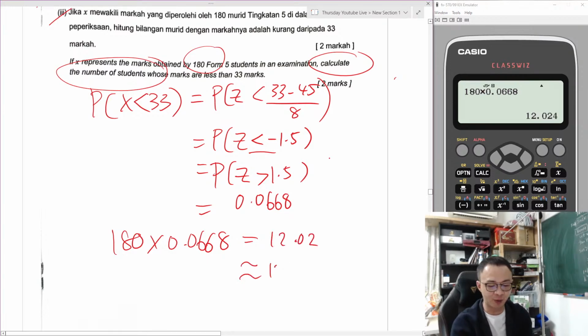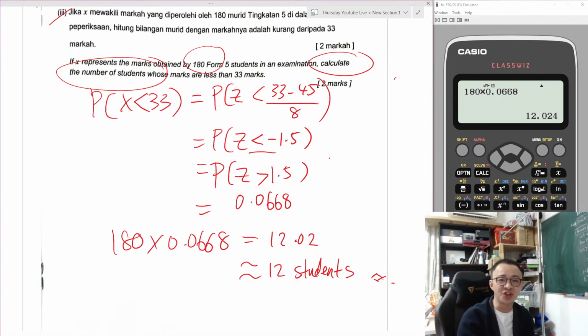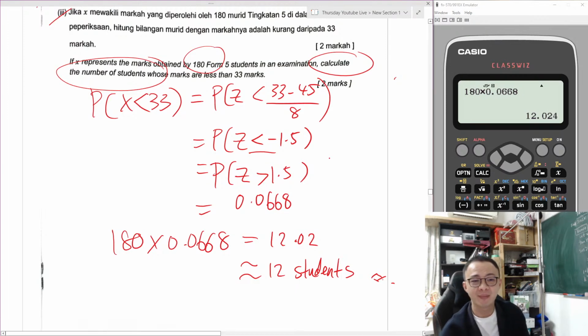So I say about 12 students. Basically, in this math exam, we have about 12 students who will score below 33 marks, based on the distribution.